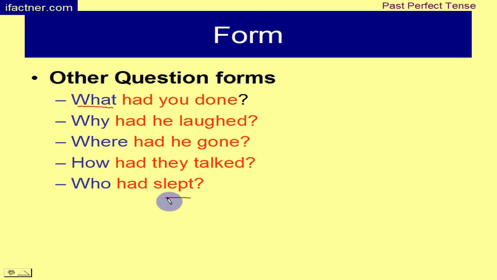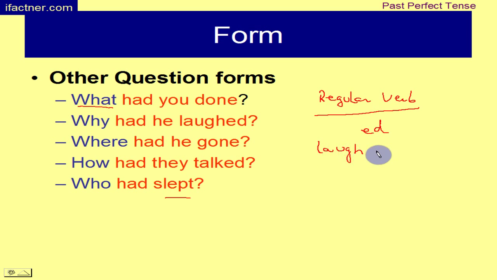Now you see that for the regular verbs we can easily form the past participle form by adding ed in the end. For example, with laugh we just add ed and it forms the past participle form of the main verb, laughed.